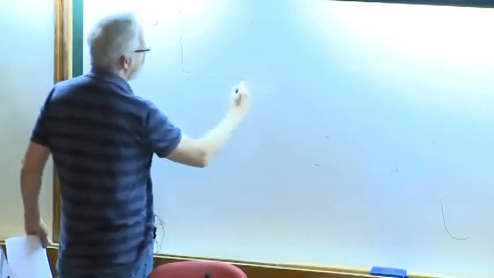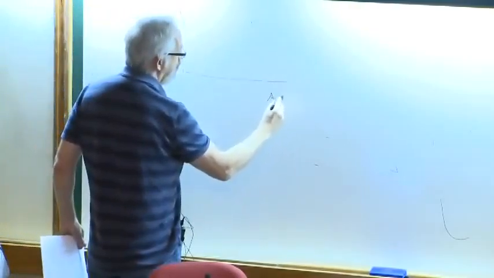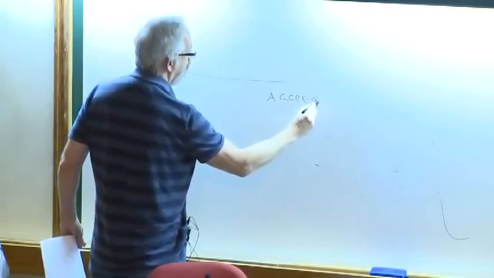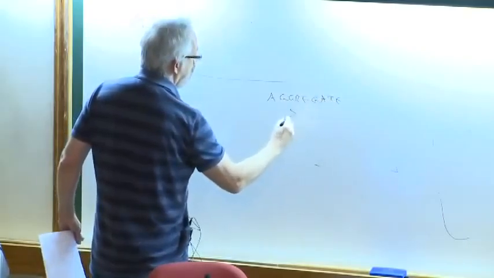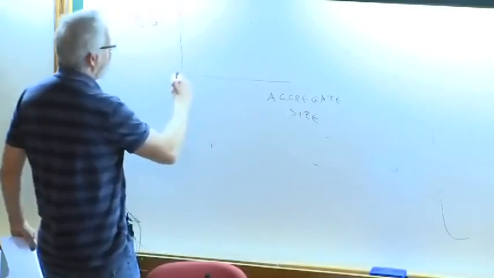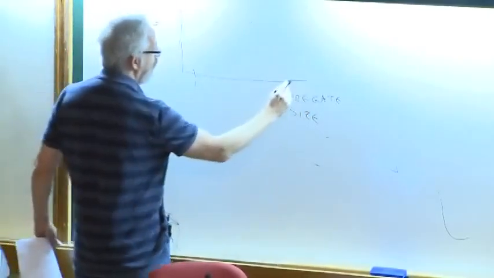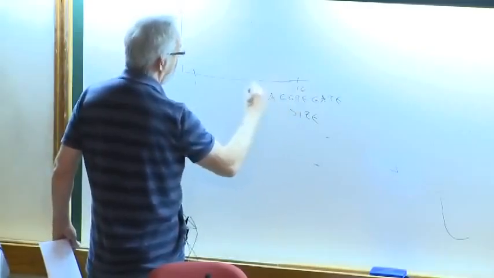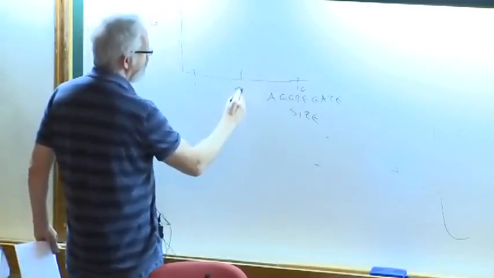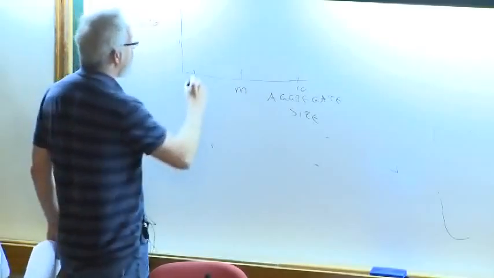is that if you plot free energy as a function of aggregate size, so here would be 1, and here would be some big number, maybe 10 over here. And somewhere in the middle, there's going to be some critical nucleus size.